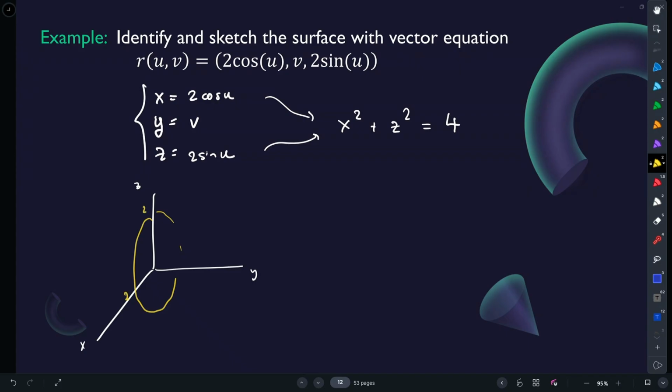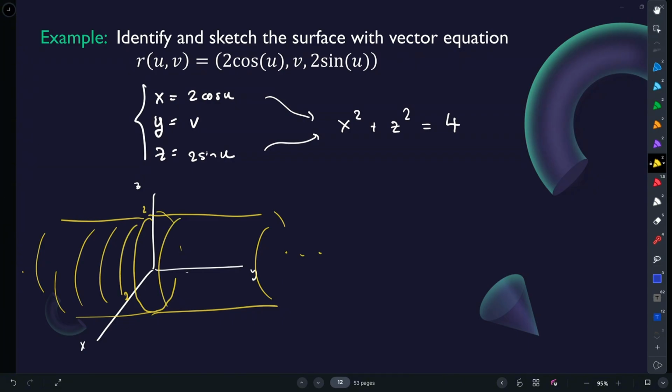And then the y coordinate is equal to v. It can be anything. So I have a cylinder, which, by the way, first of all, it is the surface of this cylinder, not the entire solid.